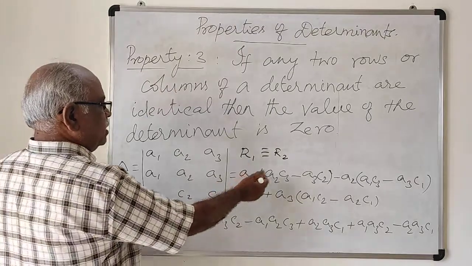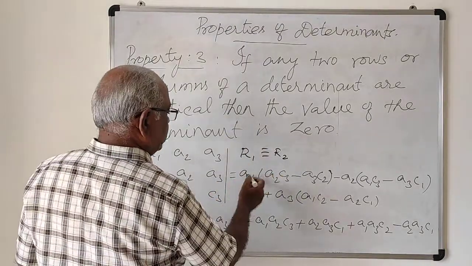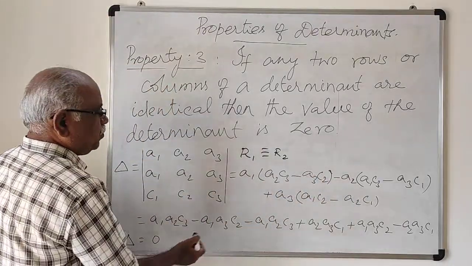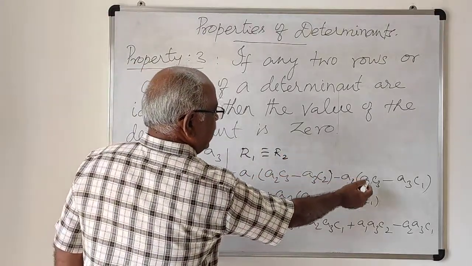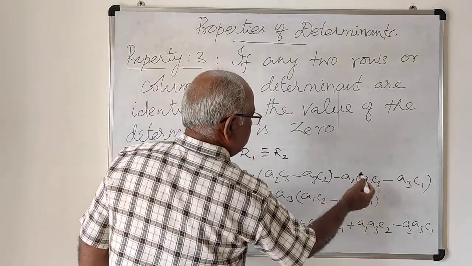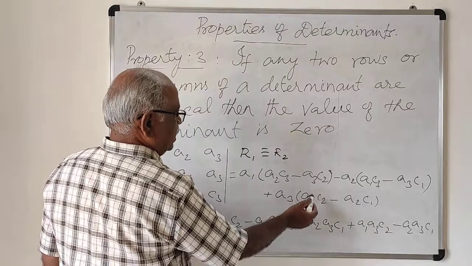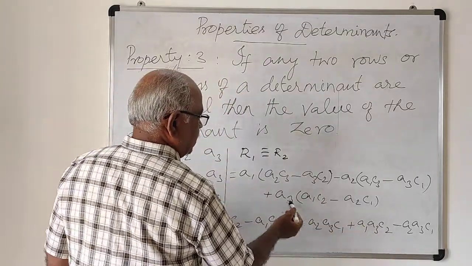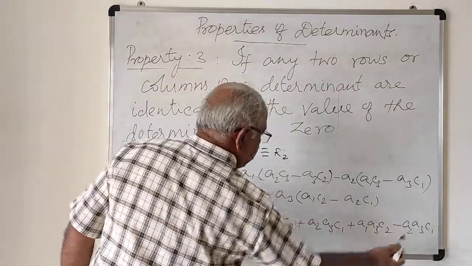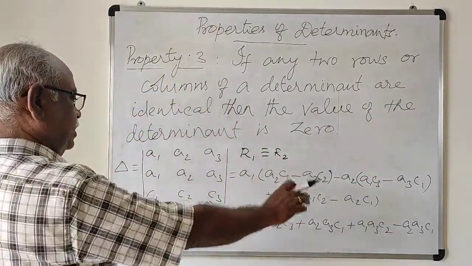Again, multiplying out, A1 A2 C3 minus A1 A3 C2 minus A1 A2 C3 plus A2 A3 C1 plus A1 A3 C2 minus A2 A3 C1. I am just multiplying with A1, A2 and A3 and I get this expression.